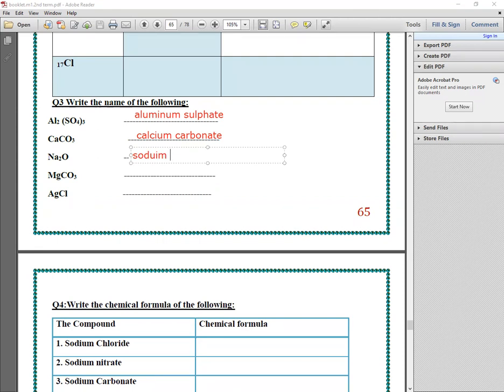So sodium reacts with oxygen to produce sodium oxide. MgCO3: Mg is magnesium, so magnesium carbonate. AgCl: Ag is silver, and Cl is chlorine, so it's called silver chloride.